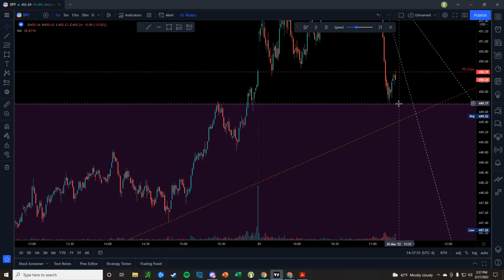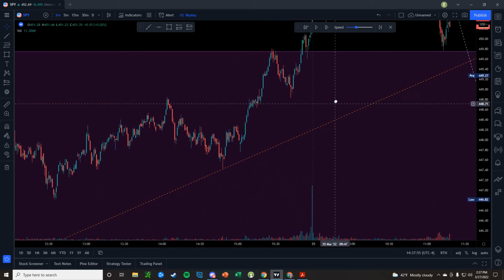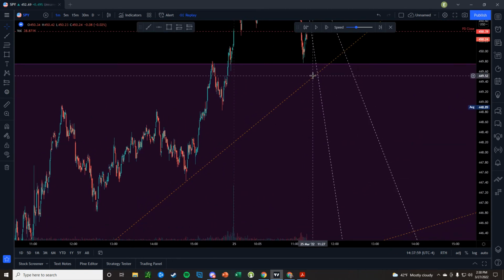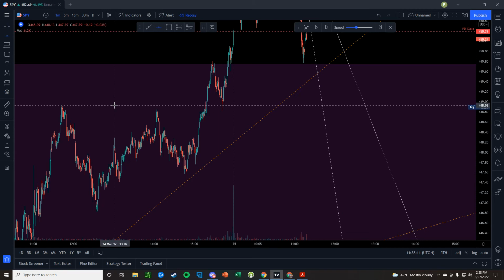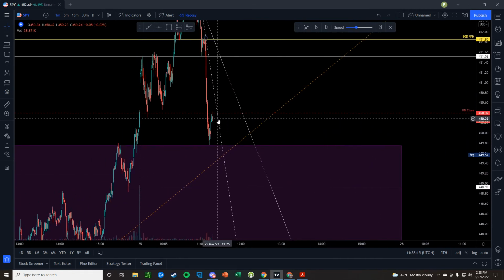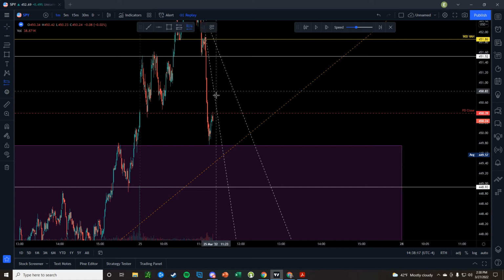I mean, we could try just to play it from there to there. Nothing wrong with that. But if we end up breaking through here, looks like this was a peak resistance point. So we're going to go ahead and mark that off. And that is going to be where our target is for our short play.